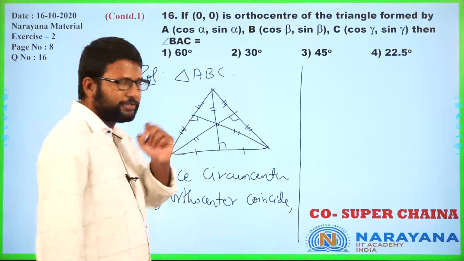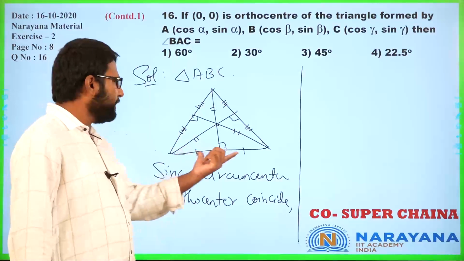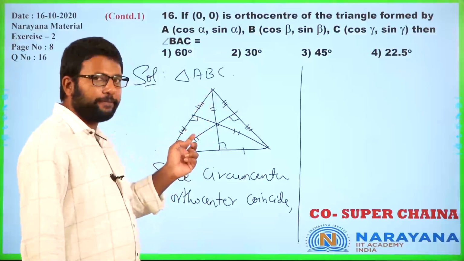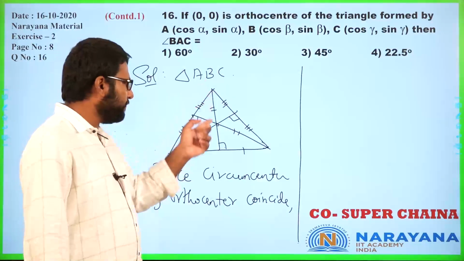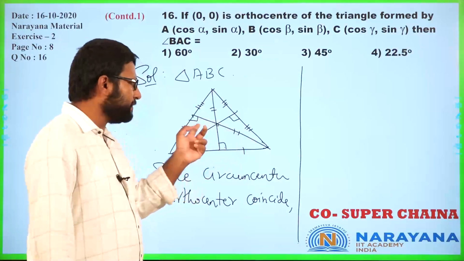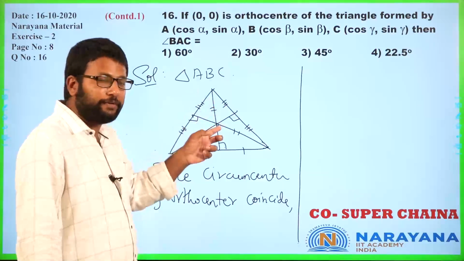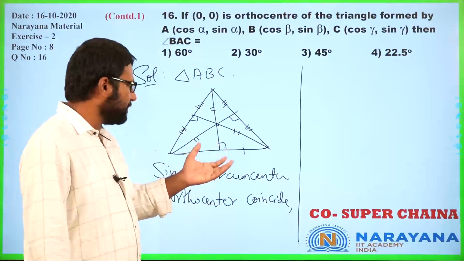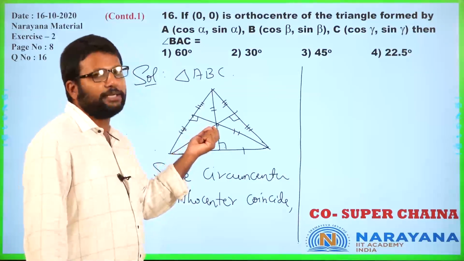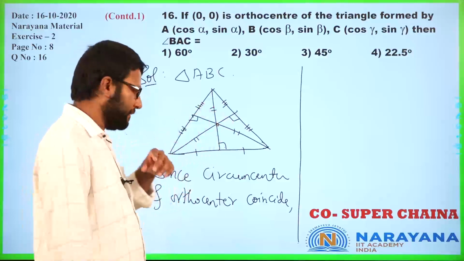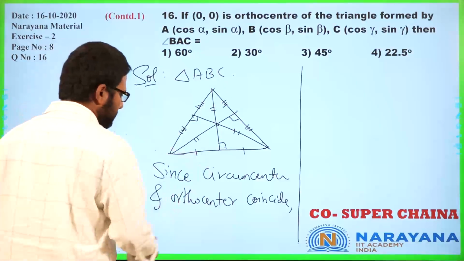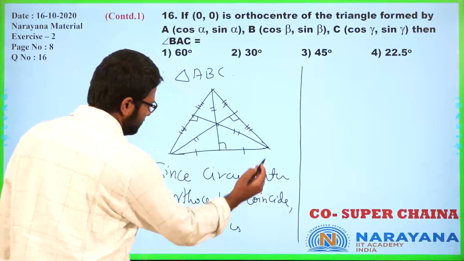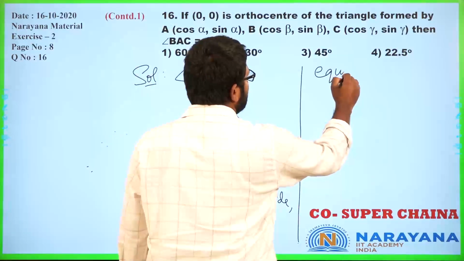Okay, so this is what I was trying to say. If these two halves are equal, that means this also becomes the median. And then these three line segments will be the medians, they will also be altitudes, they will also be perpendicular bisectors. So basically, centroid, orthocenter, circumcenter, everything is coinciding. That only happens in an equilateral triangle. So triangle ABC is equilateral.